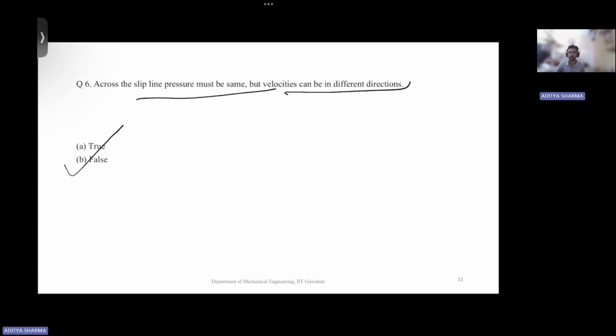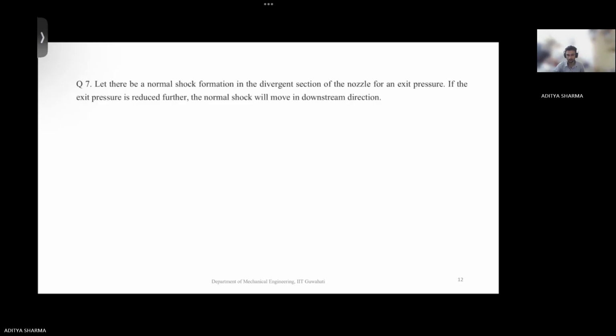Okay, so we can continue with the remaining session. So question number 7. Please read the question first, then try to see whether this is a true statement or a false statement.